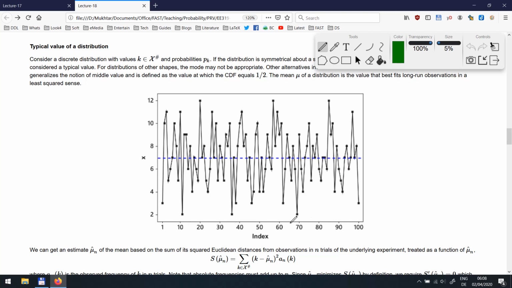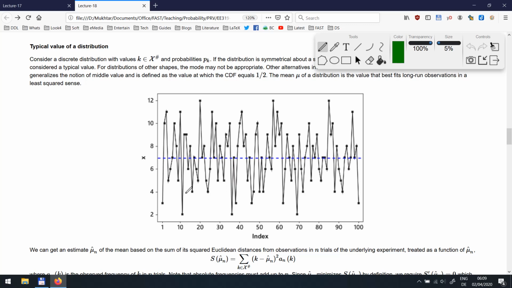So let's say you have 100 data points, at each of 100 runs of some experiment, and at each point you have different values. So x takes these values, and you see it's pretty random.